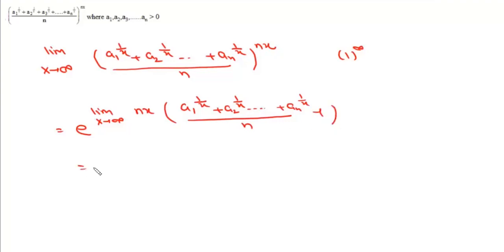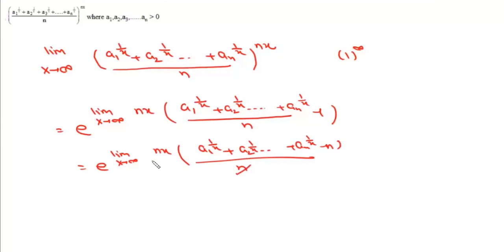Now we take this LCM, then we can write e to the power limit x tends to infinite nx, and here it will be a1 to the power 1 by x plus a2 to the power 1 by x plus an to the power 1 by x minus n upon n. Now this n and n will cancel. Now we'll write this n as minus 1 minus 1 minus 1, n times, and we'll write this x as 1 by x.